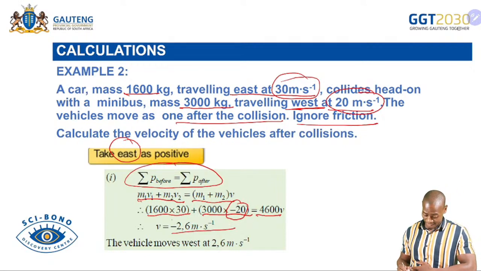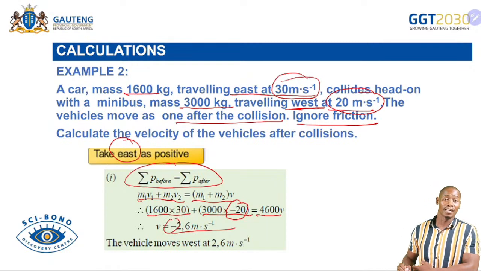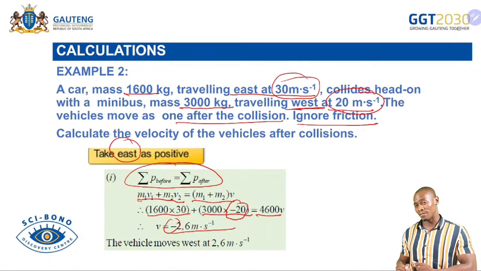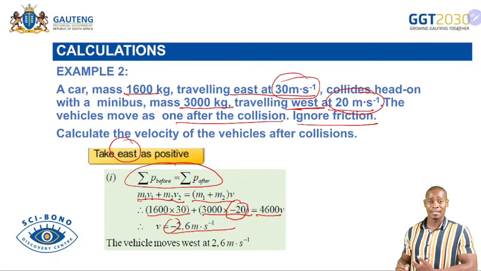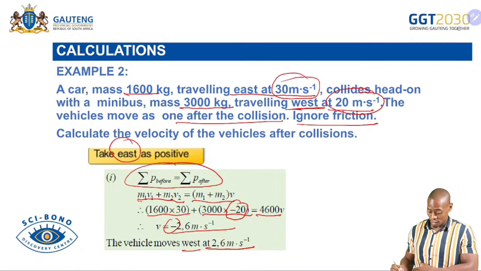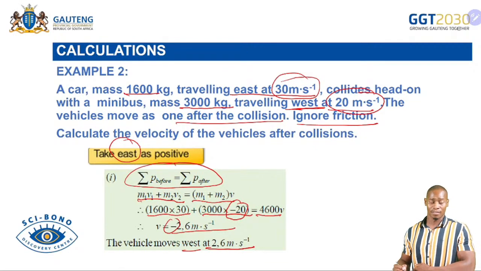Remember this negative, learners, tells you about the direction. We took east as positive, and our answer is negative, which means that the final velocity of the car-minibus system will be 2.6 meters per second west. Why west? Our answer is negative and we took east as positive, so west will be negative.